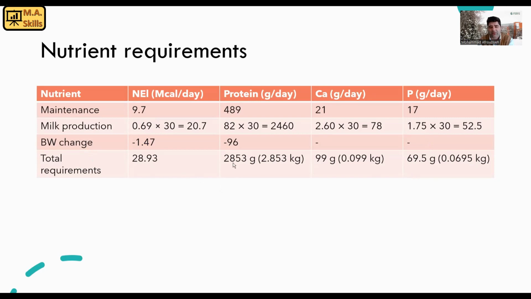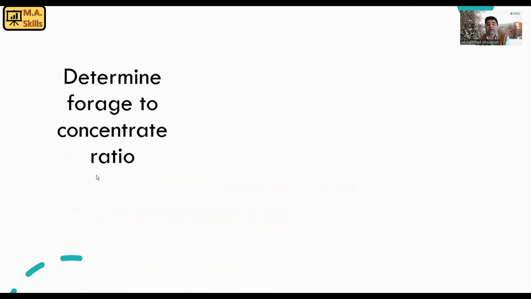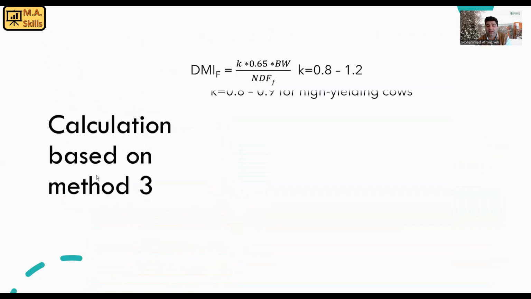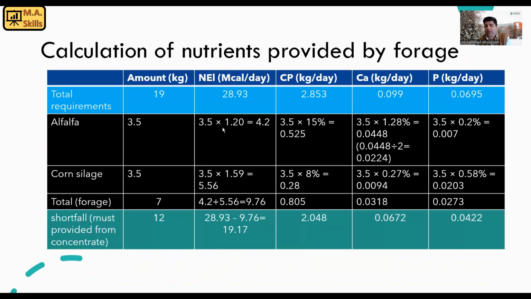And we have 2.8 kilos protein and also the values for calcium and phosphorus. So we are just considering those total nutrient requirements. And here, as you can see, we're gonna calculate the amount of nutrients provided by our forage.